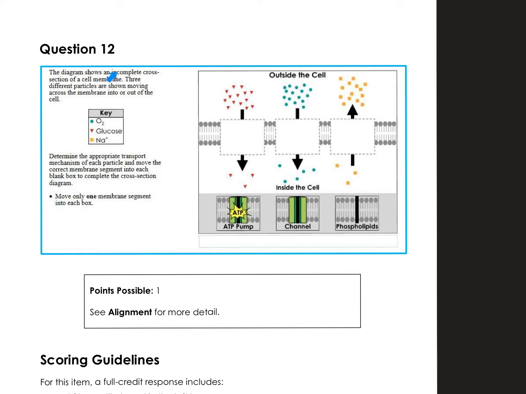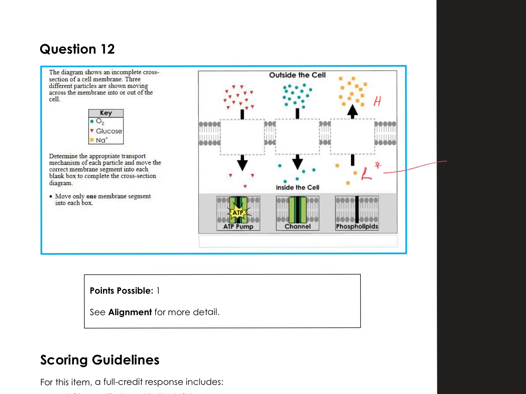This diagram shows a cross-section of the cell membrane. Three different particles are shown moving across the membrane into or out of the cell. So these guys moving through, this one moving through, this one's going out. Already I'm thinking some stuff before I even look anymore. This is going from low to high. That's a star in my brain.